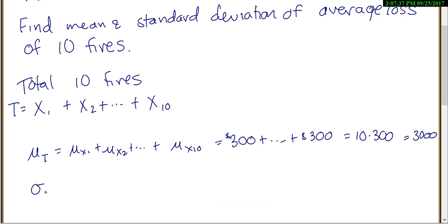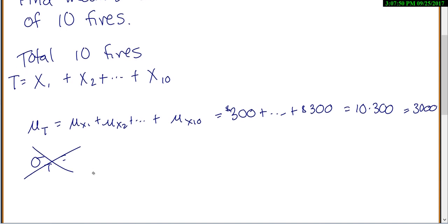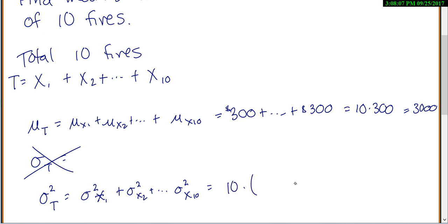Now the standard deviation for that, well, we don't actually have a formula to find the standard deviation, so we need to do an intermediate step by finding the variance for the total, because you'll just do the variance of the first one plus the variance of the second one plus up to the variance of the 10th one, or 10 times whatever that variance was.